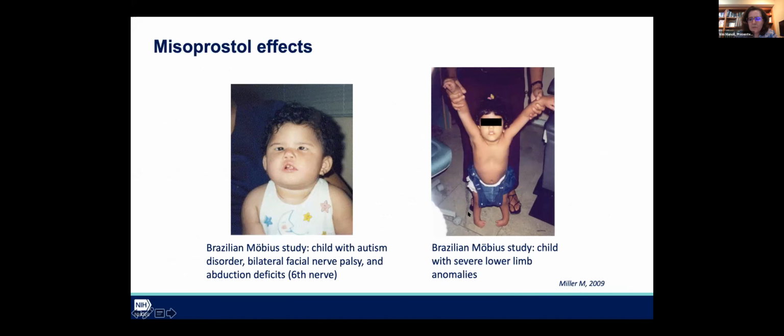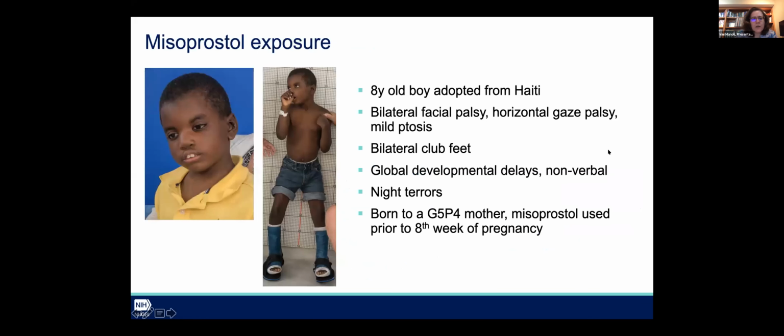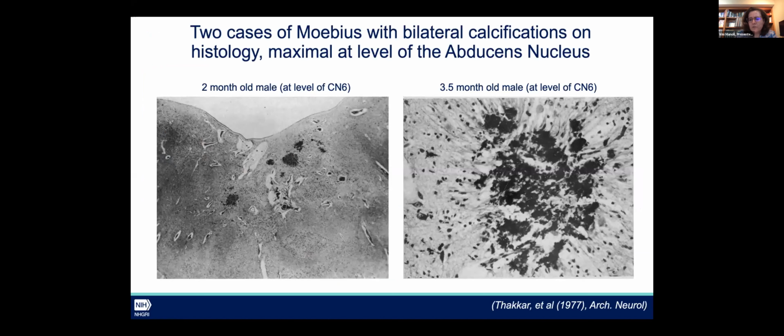They have very similar findings, but severe developmental delay, autism, and bilateral facial nerve palsy, and limb anomalies. And this is a misoprostol exposure kid with calcifications in the pons, bilateral calcification in the area of the abducens nerve. This is a case we saw in our protocol with misoprostol exposure, so that is a legitimate association, and this is the calcifications in the brainstem.